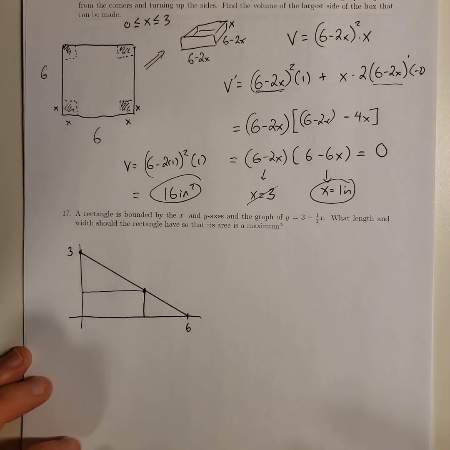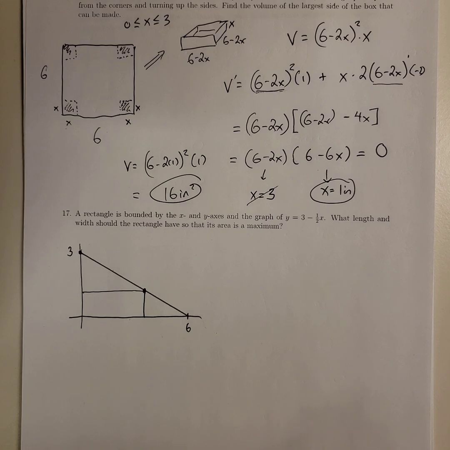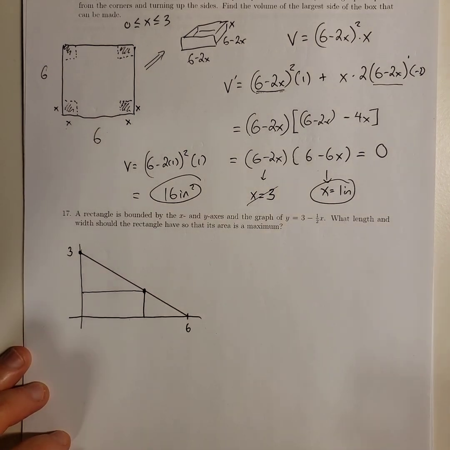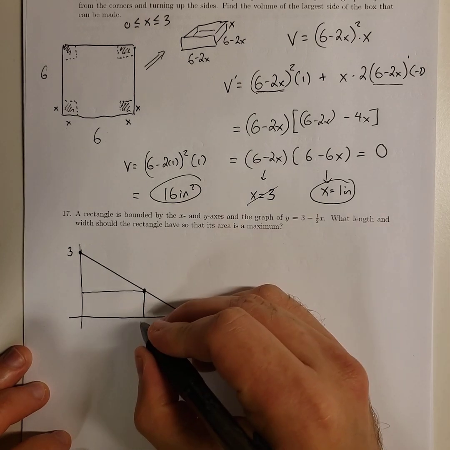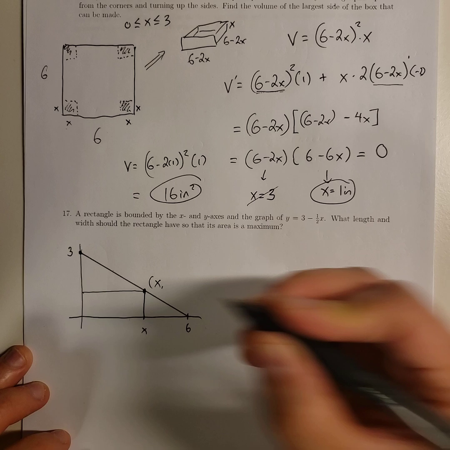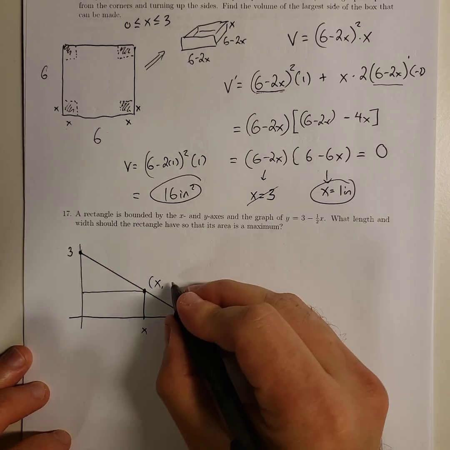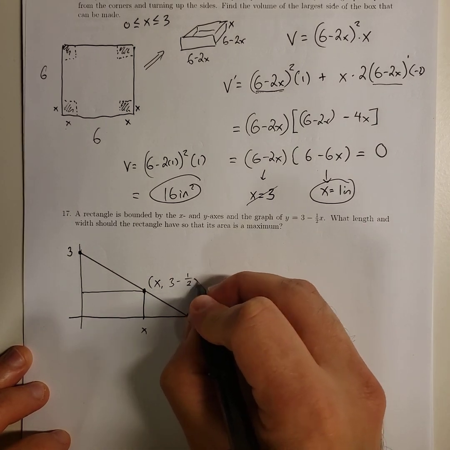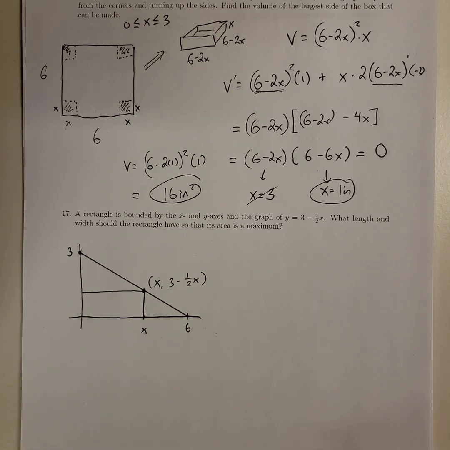So one thing we can do, we could have constraint and objective equations here, but it's actually easier if we only work with x. So if this is x, this is the point x, y, but y is always 3 minus 1/2 x. So we don't have to have y involved at all.